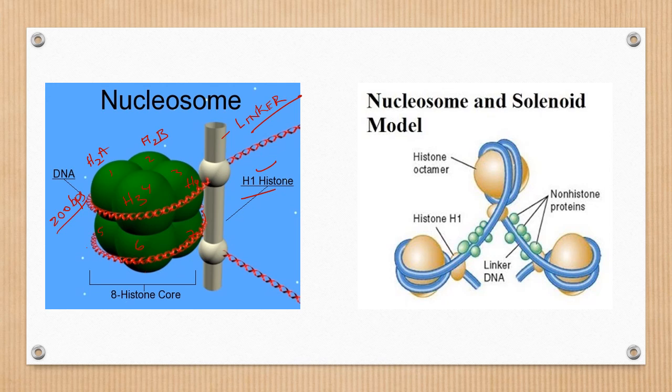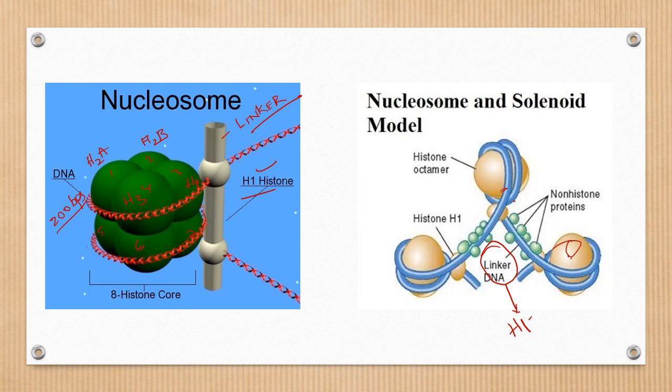In the next diagram, we can clearly see that. Linker DNA means the DNA which joins two nucleosomes. This linker DNA consists of H1 histone protein, and the remaining 4 types of histone molecules are present in the octamer. I think you understand clearly by seeing this.